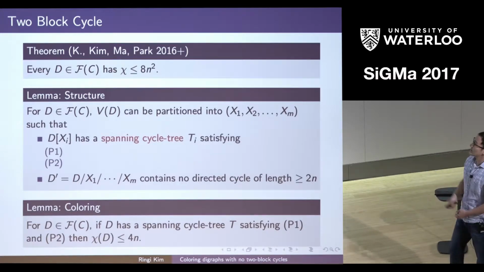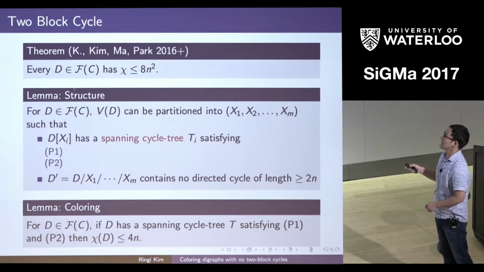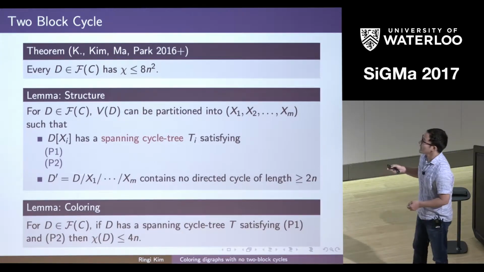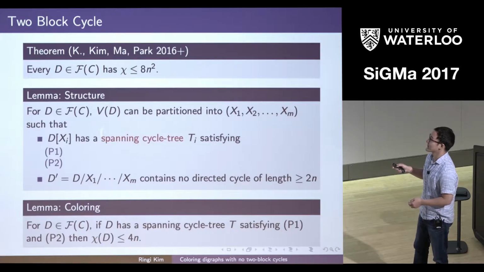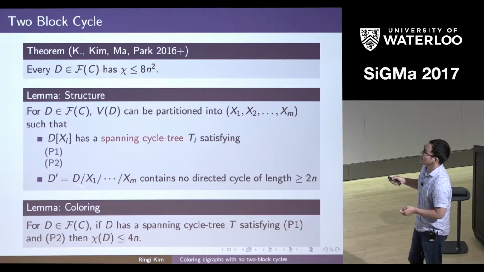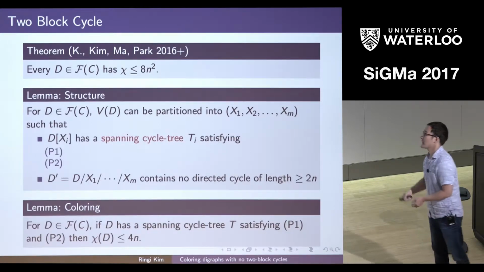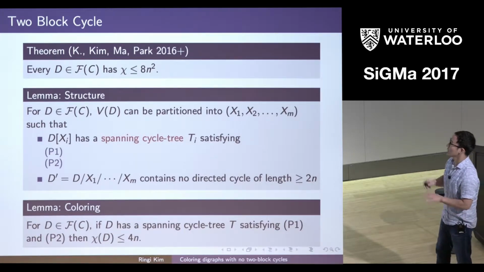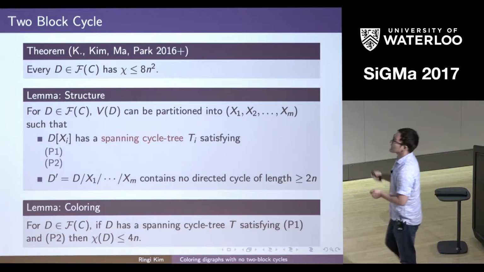The first lemma states that every such D can be partitioned into X1, X2, ..., Xm such that the subdigraph induced by each Xi has a spanning cycle tree, which I'm going to define later, and satisfying two properties P1 and P2, which I will also state later. And the digraph D prime obtained by contracting X1, X2, ..., Xm has no long cycle. That is the first lemma.